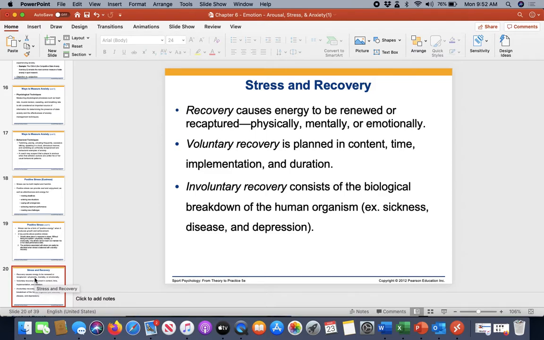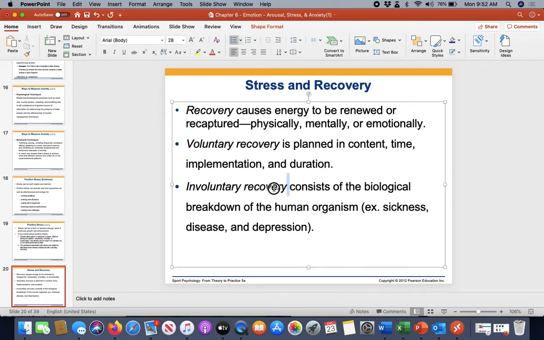But here's that recovery part. Voluntary recovery is actually planned. Involuntary is when you start to break down. I think you can see where we're going with this. What would we rather have, voluntary or involuntary? We want voluntary. But involuntary should be the sign for a player or an exerciser that it's time for a break, because they're starting to get sick.